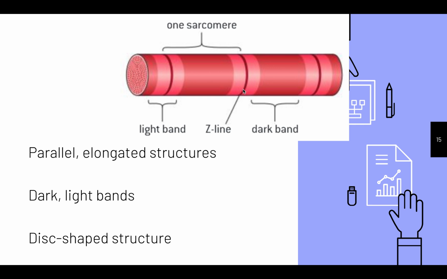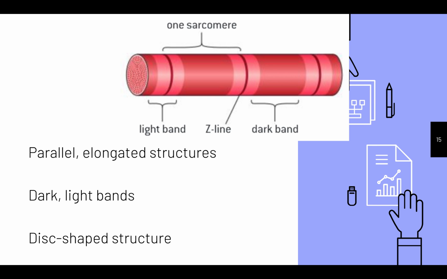What is a sarcomere again? The distance between Z lines, but what is it? It's the contracting unit. It's the unit that contracts. Along the length of your myofibrils, you have sarcomeres. All of those sarcomeres will contract as a unit.